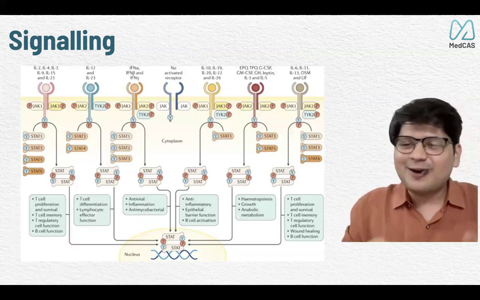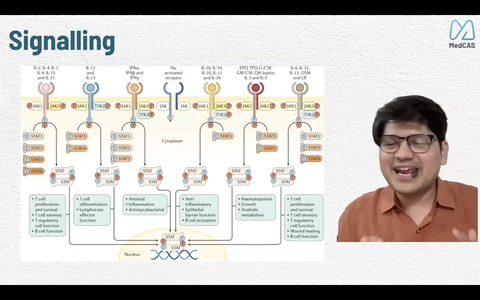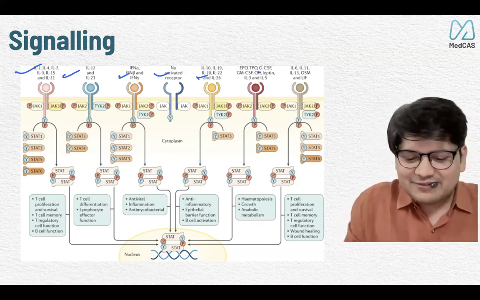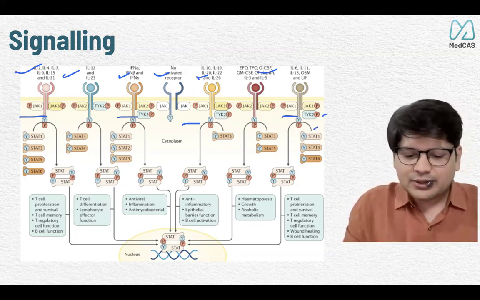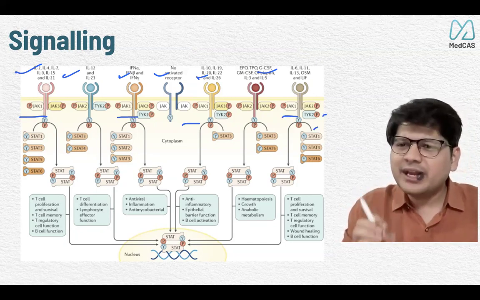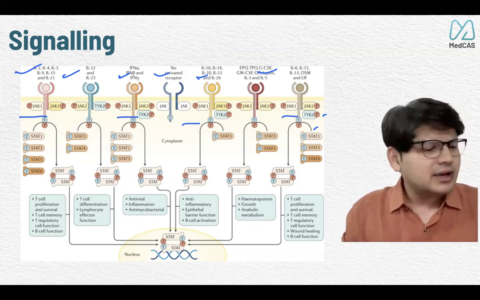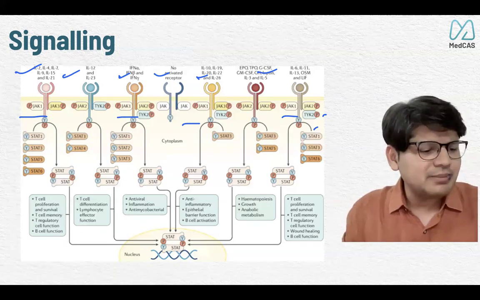Now see, this looks so complex, right? But what I'm trying to tell here is there are so many cytokines working through the JAK-STAT pathway. Okay, so do we have a JAK inhibitor in the market? Yes or no? If yes, please name a few JAK inhibitors. Anything which can come on the message, I'll be happy.